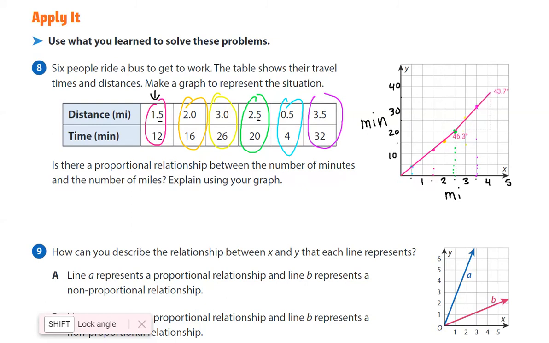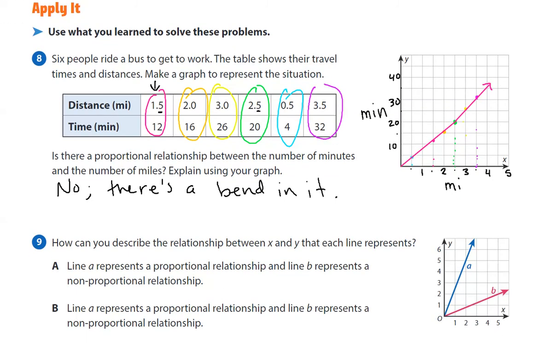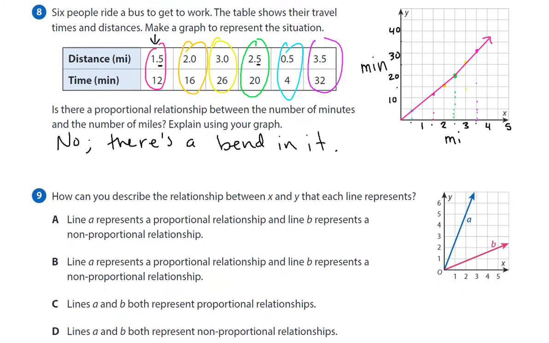So there's a very slight bend right there. And if there's a slight bend, it's not proportional. No bends allowed. So, is the relationship proportional? No. There's a bend in it. Okay. So, you gotta be kind of precise sometimes, because that's really close to straight. And it's only because I used my line tool that I was able to see that wasn't straight.